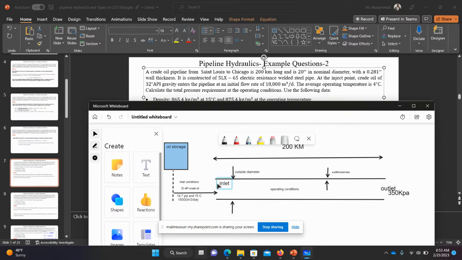So whatever pressure you keep at the inlet, as it moves through this pipeline, the pressure will drop because of the viscosity, density, and the roughness of the pipe. These are the main factors.